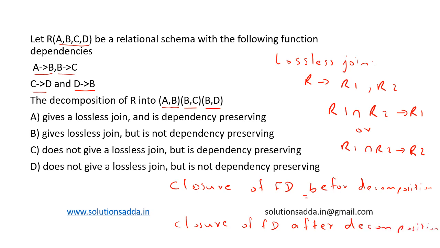So this is the basic concept. A simple way to check is whether we can derive all the original functional dependencies from the functional dependencies after decomposition. That can determine whether the decomposition is dependency preserving or not. So let's try to solve this based on this concept.